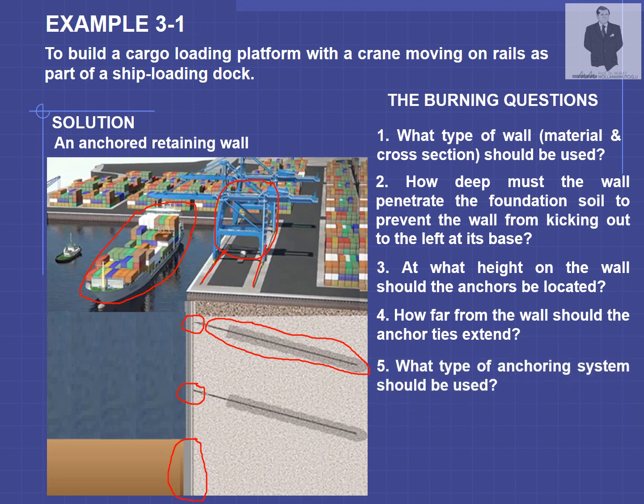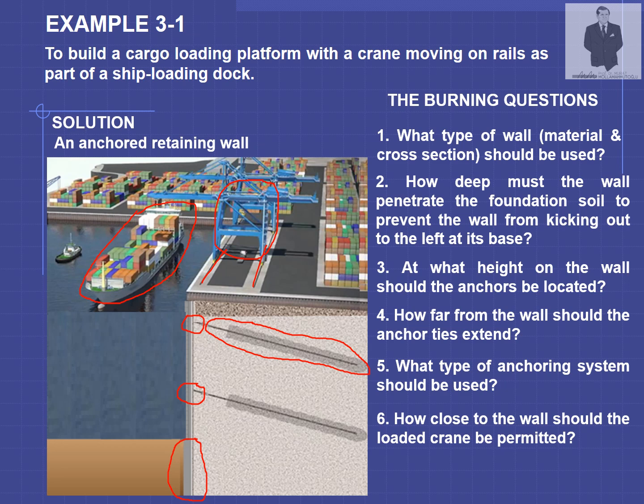And fifth question, what type of anchoring system should be used? There are several types of anchoring systems, but in this project, the grouted anchoring system was adopted. Sixth question, how close to the wall should the loaded crane be permitted?